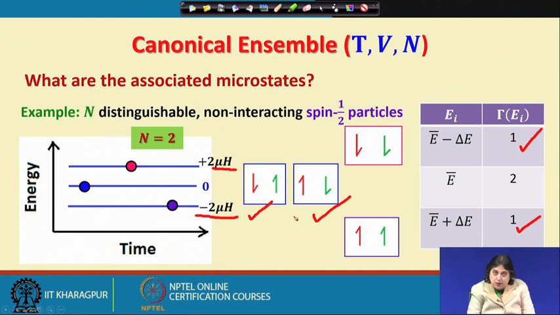But if I allow fluctuations in the value of energy, such that it can take up values like E bar minus delta E or E bar plus delta E, I see that additional microscopic states like this or this become accessible to the system. Now, let us go and take a little more complicated example, and that is as follows.